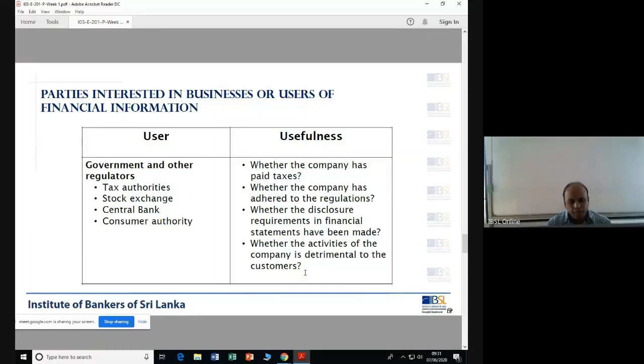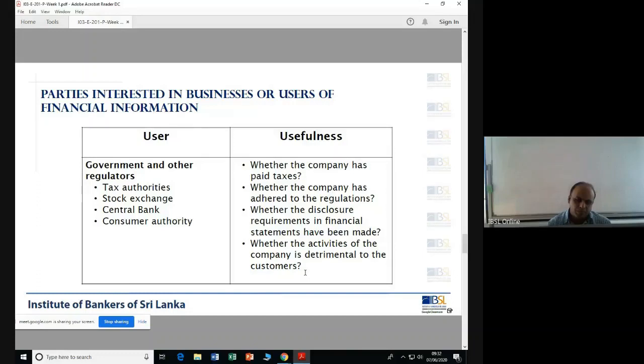So it is very important for the stock exchange to get this financial information to ensure that the public interest is preserved, because people are investing in companies thinking that they will have a better return. The moment the returns are low or coming down, they will lose interest in going and trading in the stock exchange. So the stock exchange continuously monitors the performance of these companies, and they ensure that the compliance part of the companies is complied with.